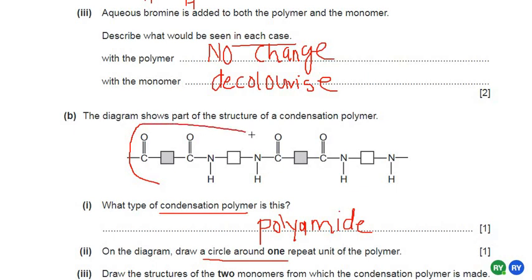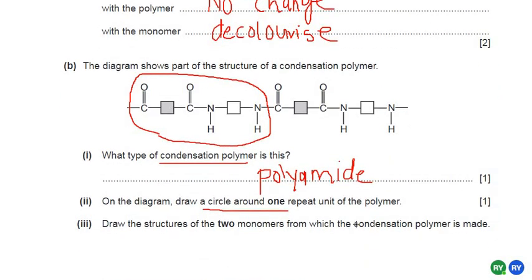So this is my repeating unit. In this case, 2 CO groups, 2 NH, and one colored and one empty box you can take as a repeat unit.